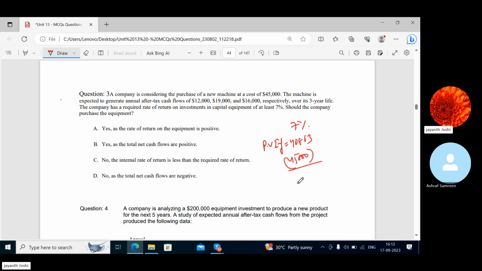How much is the negative NPV? Just calculate the difference. What's the big deal in this question? Why get confused? It is 4,137. So this is a negative NPV.